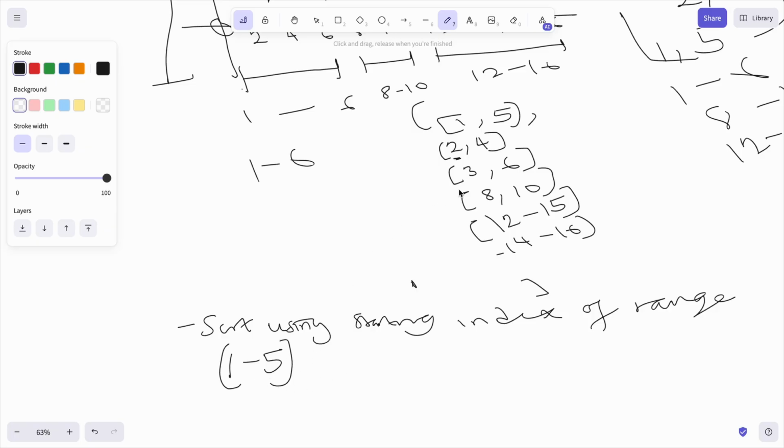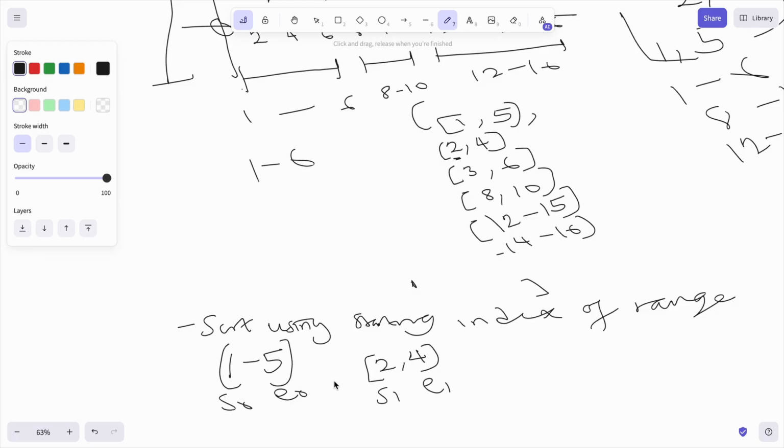Yes, we can. The question about whether we can merge is this: imagine that this is the ending index, let's say this is E0, and this is the starting index, start 0. For the element we're now picking, 2, 4, this is starting index 1, this is ending index 1. We ask ourselves: can we merge this into this?